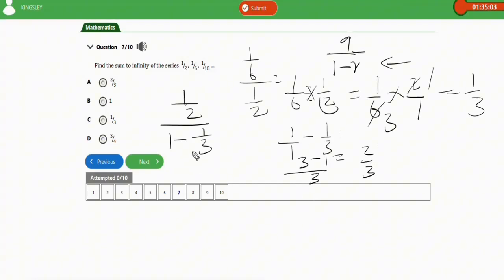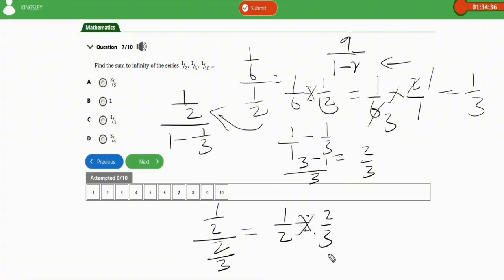So you're going to have 1 over 2 divided by 2 over 3.